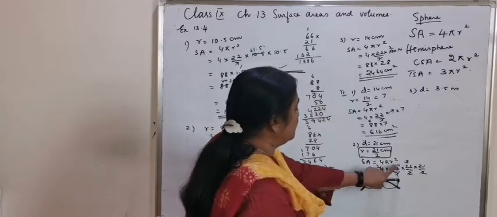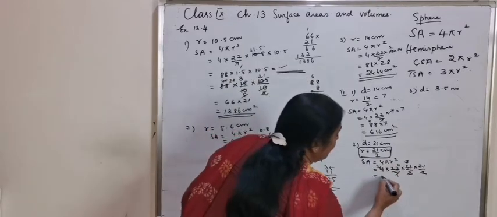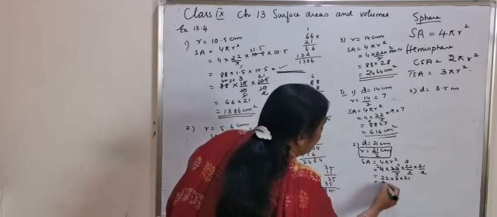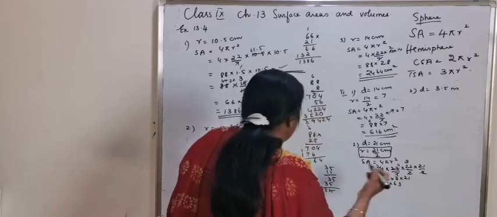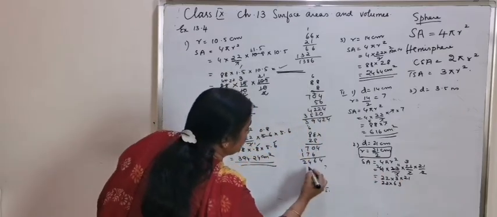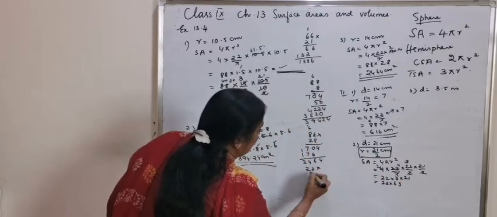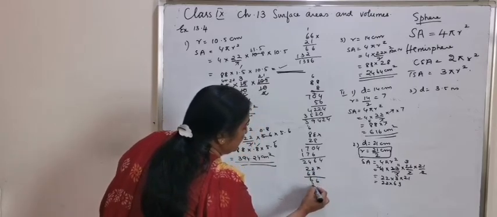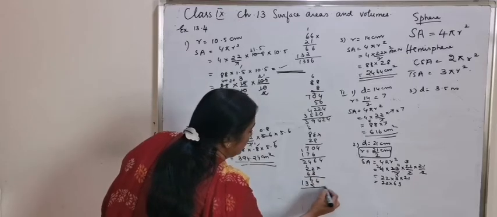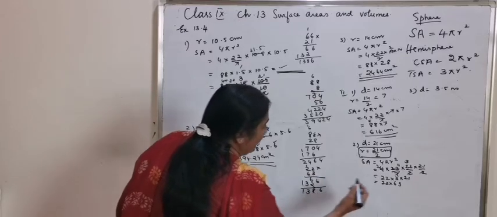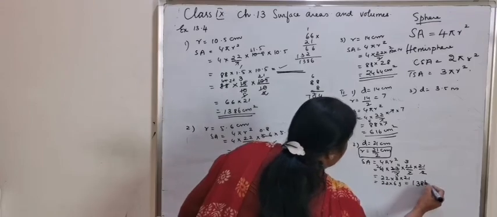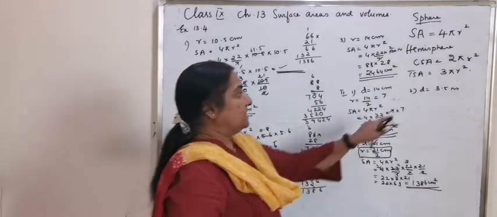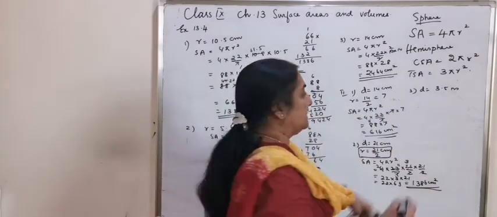So it is 22 into 63. Which is the same as 3 2s are 6, 6 2s are 12. So 1386 centimeter square.